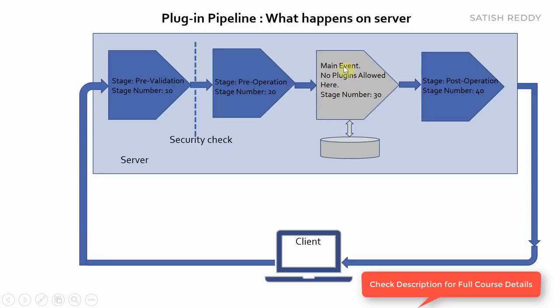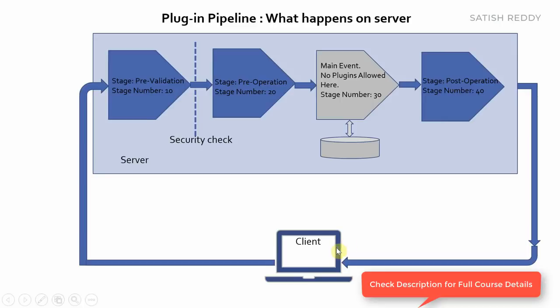In the main event, it takes the modified data, the platform inserts it into the database, and then it goes to the post operation stage. Again, if you have a plugin here, that will be executed, and then the data is passed back to the client browser. This is called a pipeline because it executes in sequence: first pre-validation, pre-operation, the core event, the main event of the system, and at the end, the post operation.